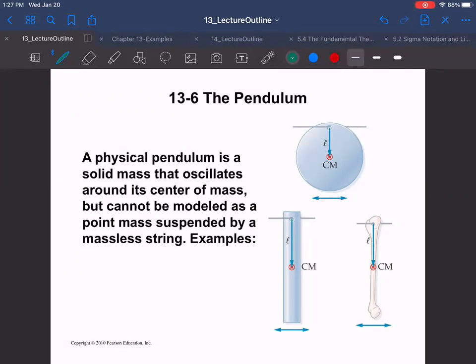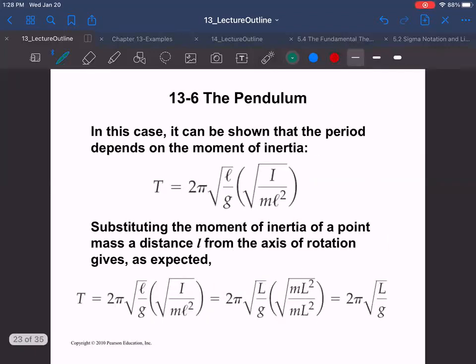I'm not going to go through all how you model it, but basically you end up with this right here for the period. 2 pi square root of, where you should be able to cancel one of these L's with the ML squared on the bottom, but you typically don't want to do it because you have that moment of inertia up there. What is moment of inertia?